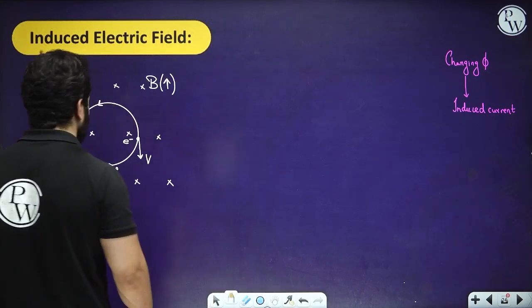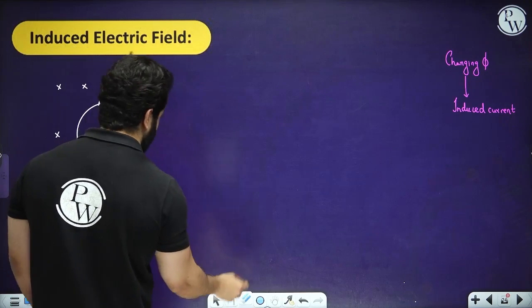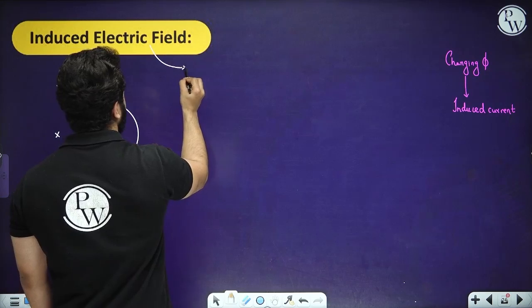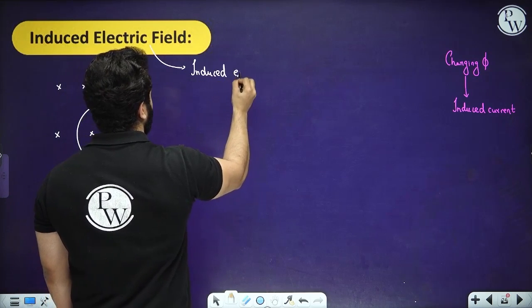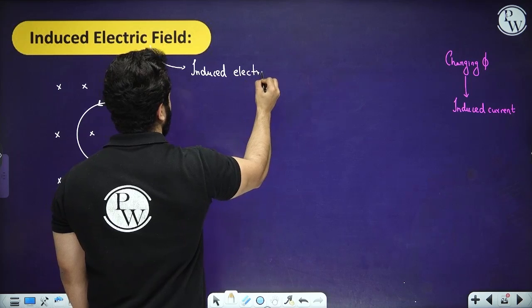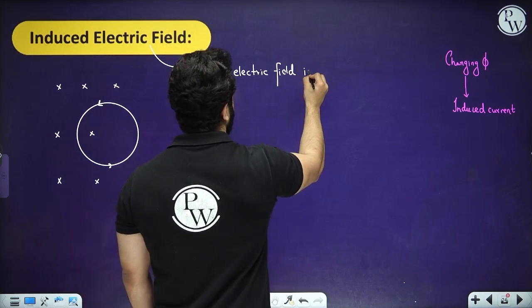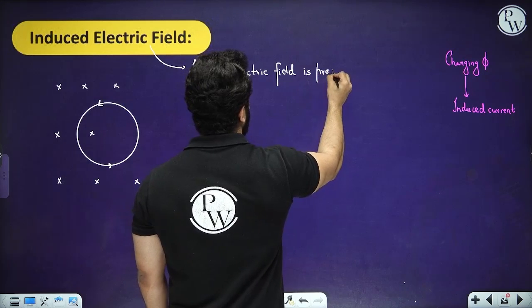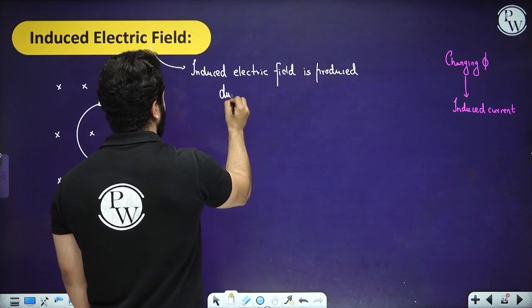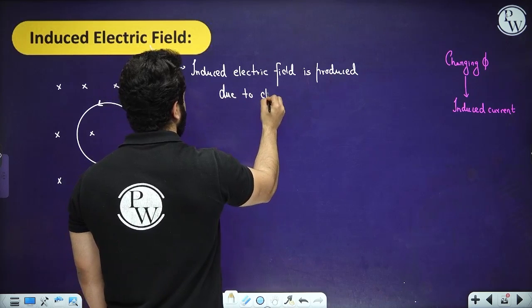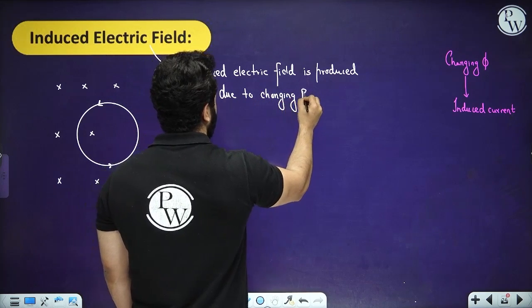So now let's rewrite, first let's write the definition: induced electric field is produced due to changing magnetic field.